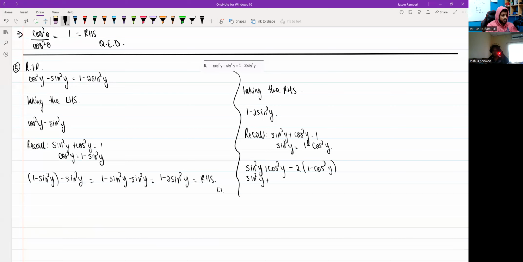Sine squared y plus cosine squared y minus 2 plus 2 cosine squared y. Sine squared y plus 3 cosine squared y minus 2. Indeed.